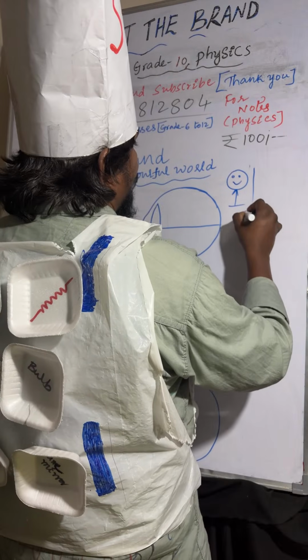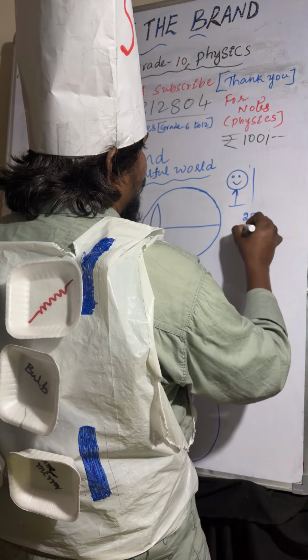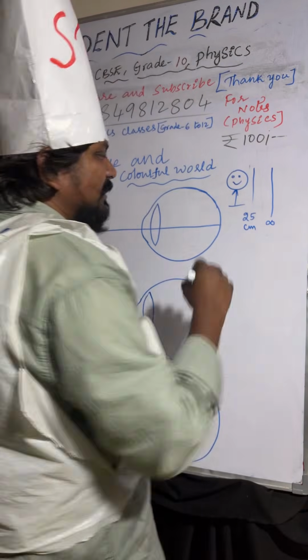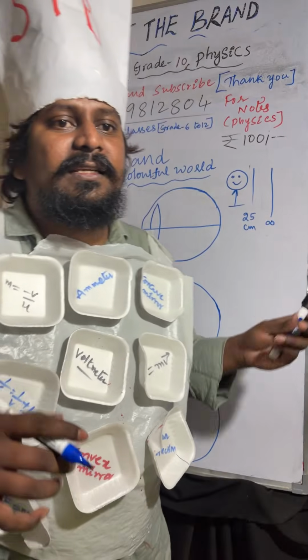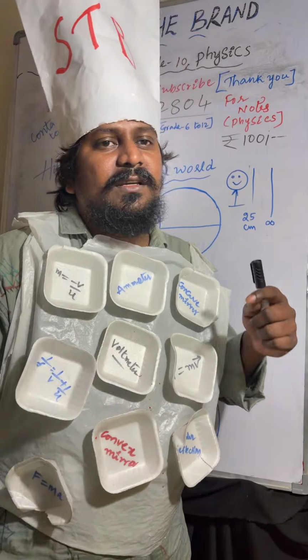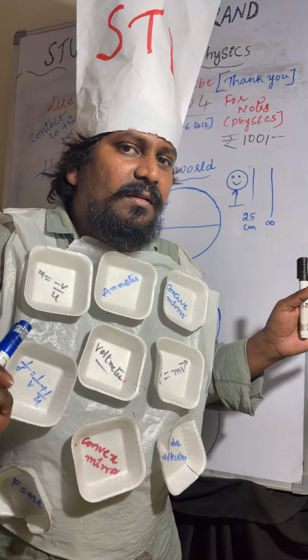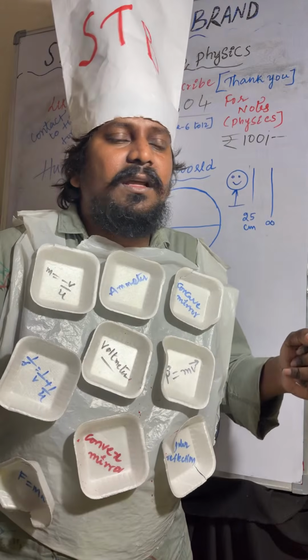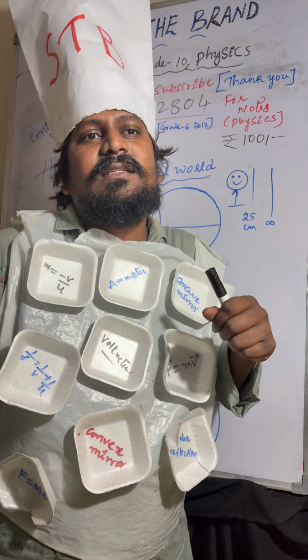So myopia is nothing but the person can see clearly at near distance. He can't see far distance objects, yes or no? The person can't see far distance clearly, but he can see near distance.